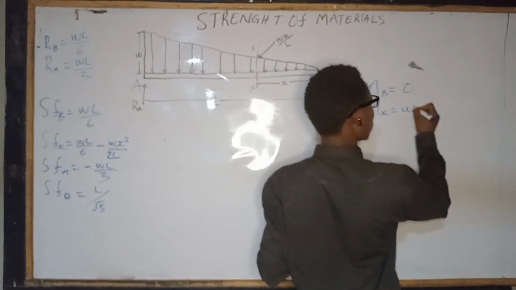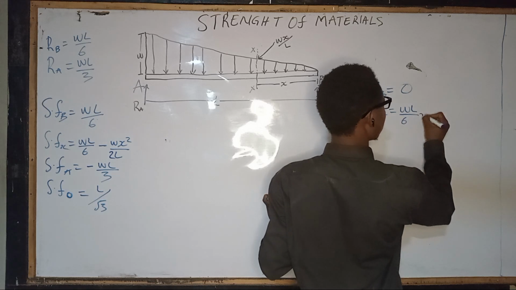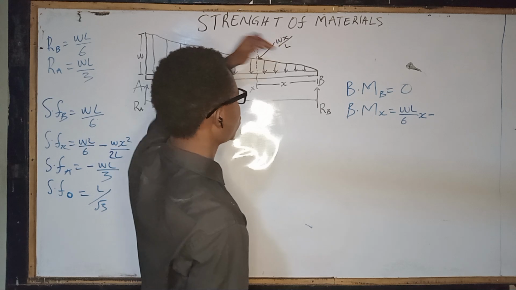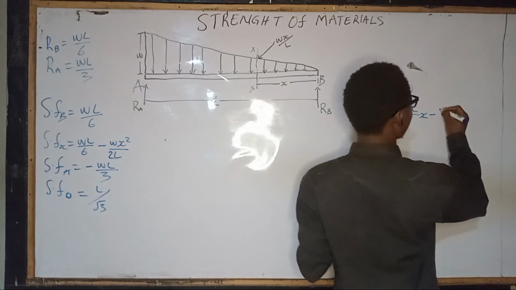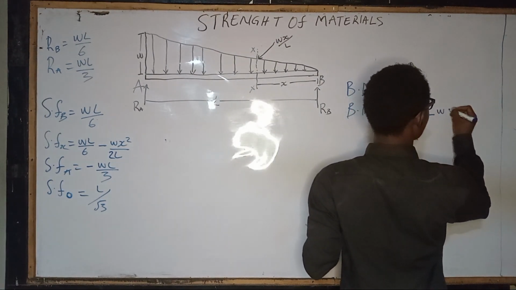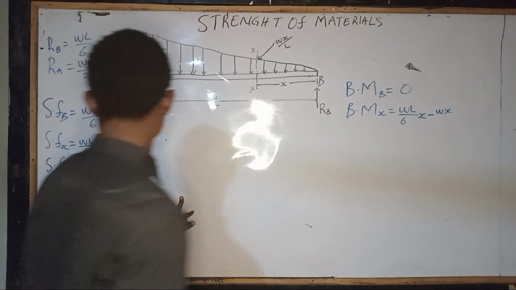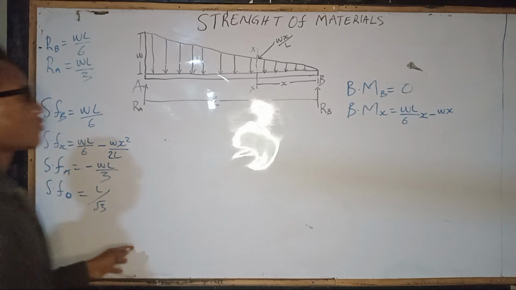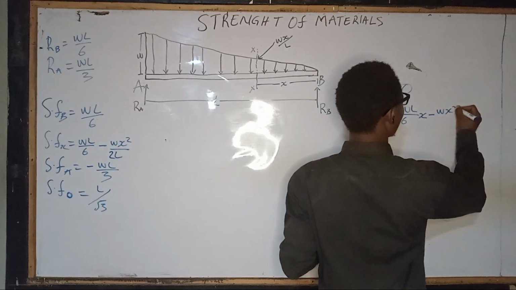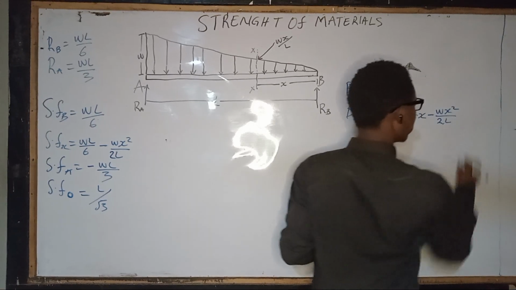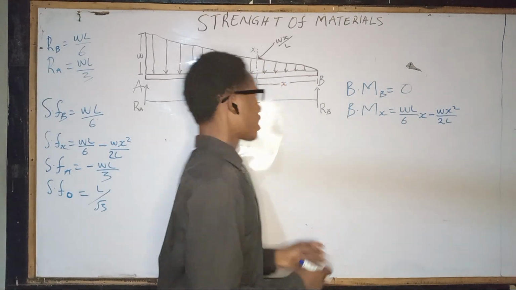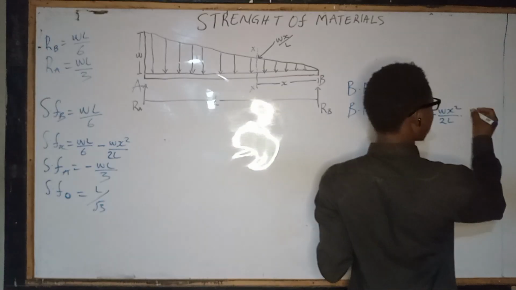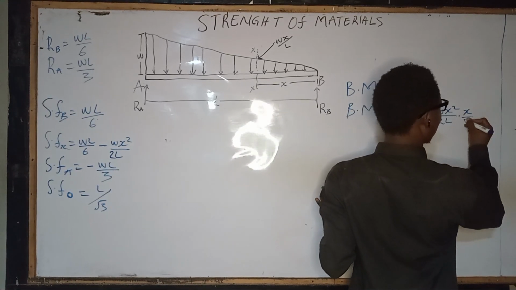So we have WL over 6 times x, then minus the shearing force of this one here, which is Wx squared over 2L, times the centroidal distance, which is x over 3.